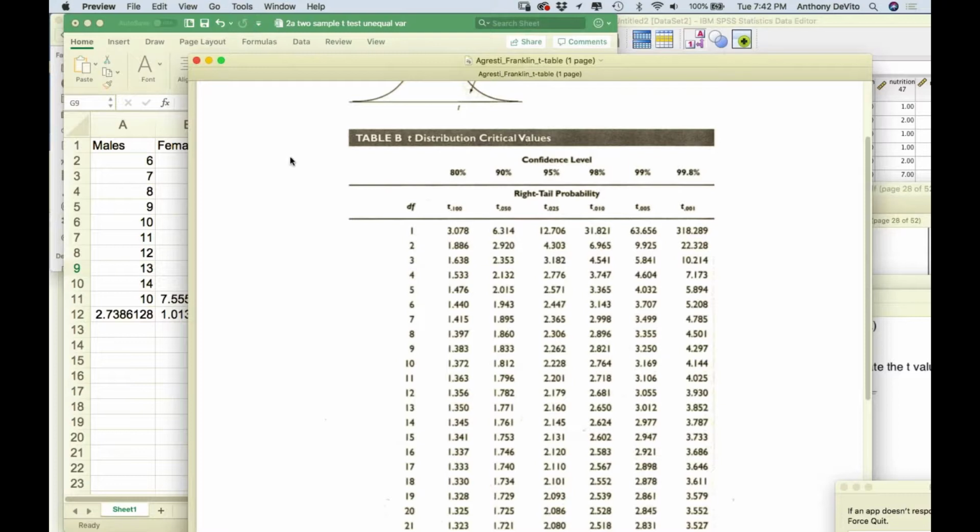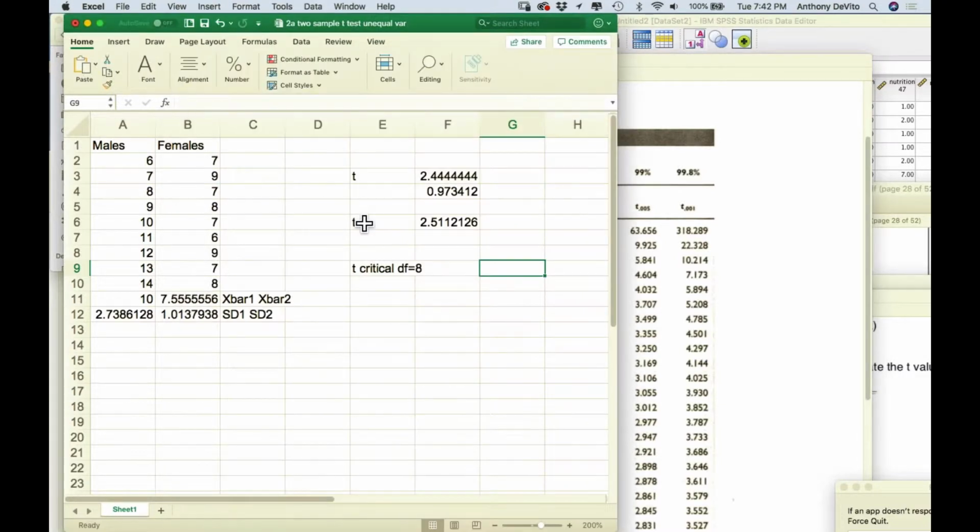It's 2.306. I recall that number. That's our critical value of t. What did we calculate? 2.51. 2.51 is more than our critical value of t. So what can I do with my null hypothesis? I can reject it, right? Because I exceeded my critical value of t.